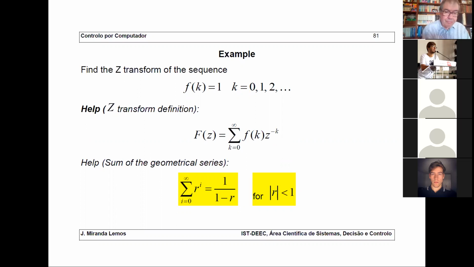Okay? So, I also have to remember the fact that if I have a summation of powers of base R, if the modulus of R is smaller than 1, R can be a complex number, then this is 1 divided by 1 minus R. This is something that you prove in elementary mathematics.